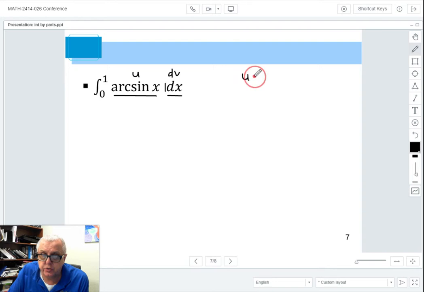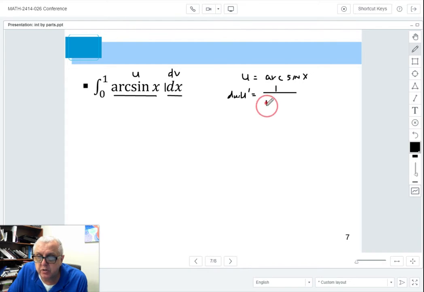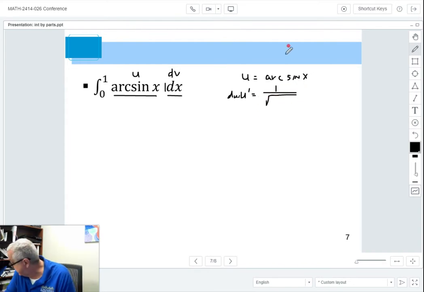So if u equals arc sine x, then du, if you look at your formula sheet, the derivative of arc sine x is 1 over the square root of 1 minus x squared.